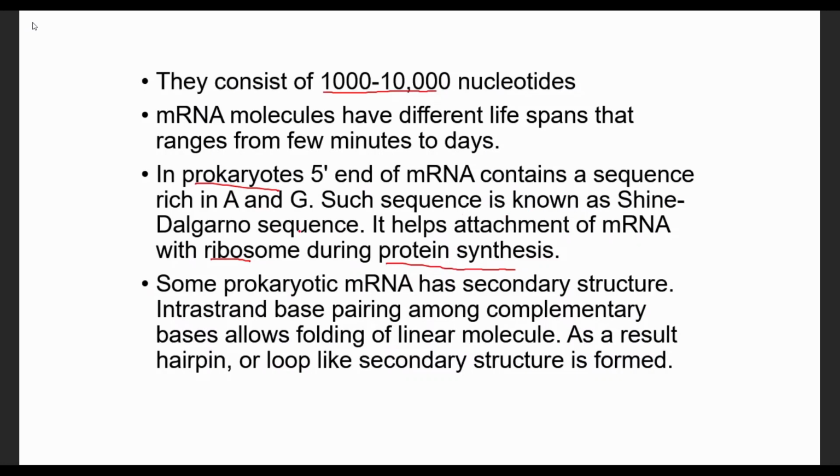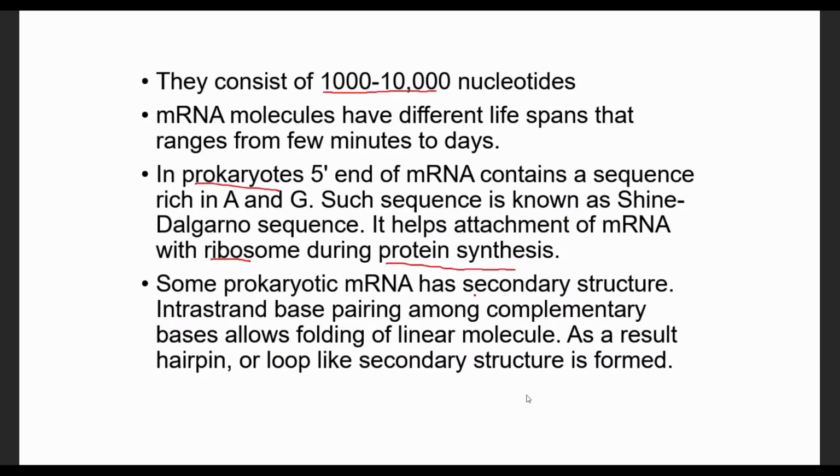Some prokaryotic messenger RNA has secondary structure. There is self-folding and intrastrand base pairing. The complementary bases are base paired for the formation of secondary structure. As a result, there is hairpin formation or loop-like structure formation.